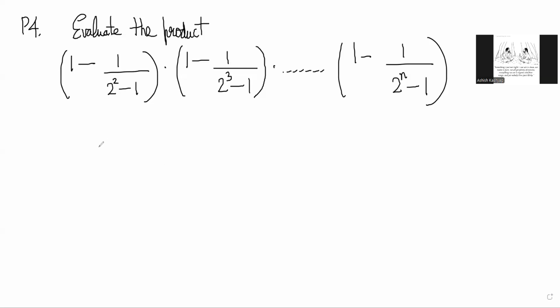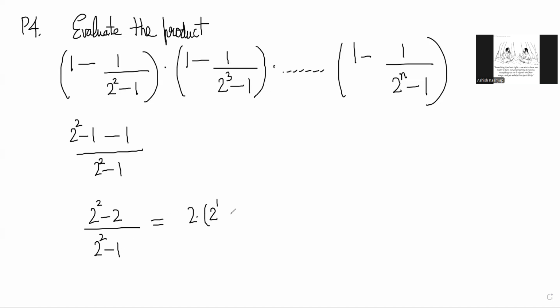Okay. By now you should have realized that when you simplify this product, you get 2 square minus 1 minus 1, so this becomes 2 square minus 2 on top by 2 square minus 1. And that can be simplified as 2 times 2 power 1 minus 1 by 2 square minus 1.